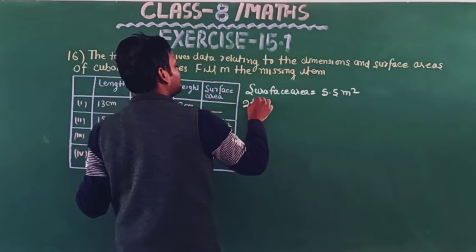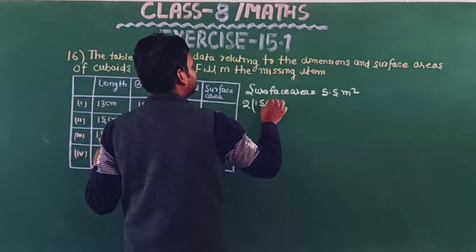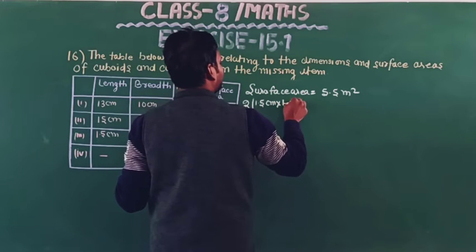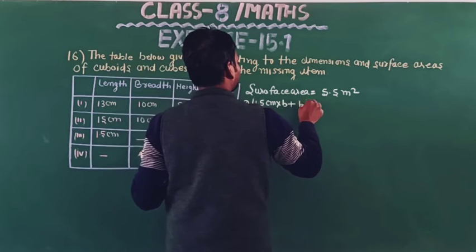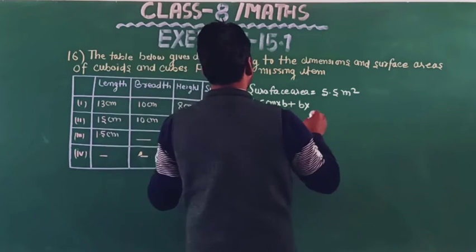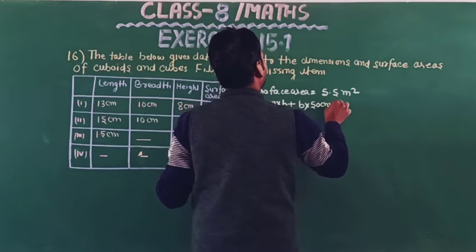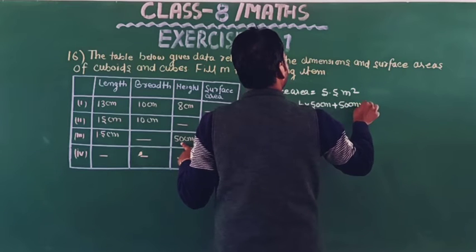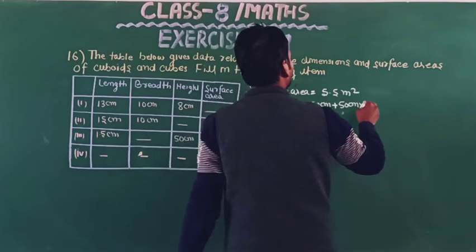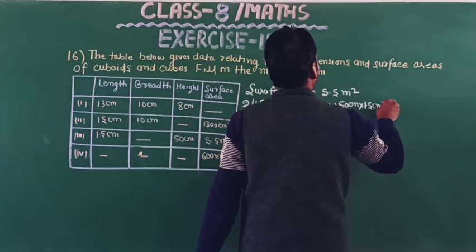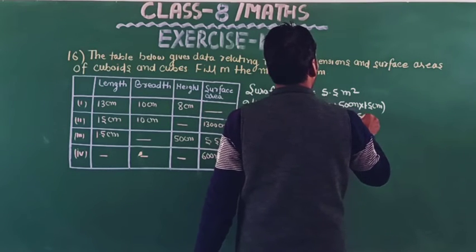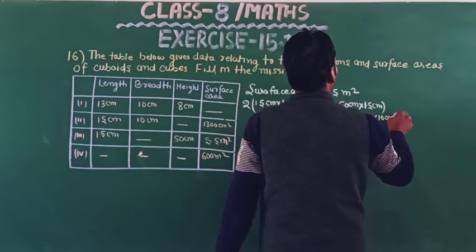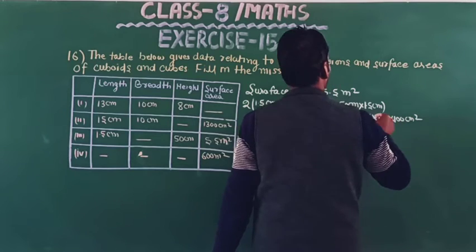LB is 1.5 centimeter into breadth, breadth is unknown, say this is B, plus B into H, that means 50 centimeter, plus breadth into height into length, equal to 5.5 multiplied by 100 into 100 centimeter square.